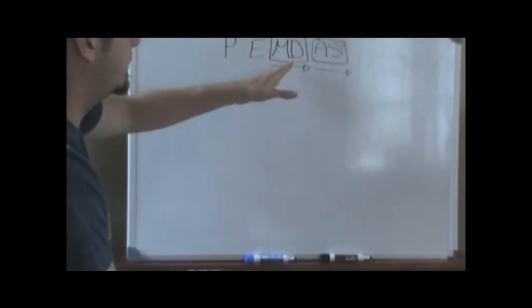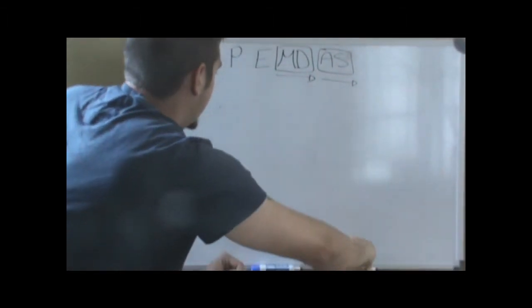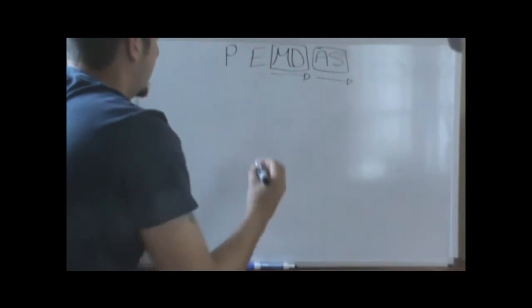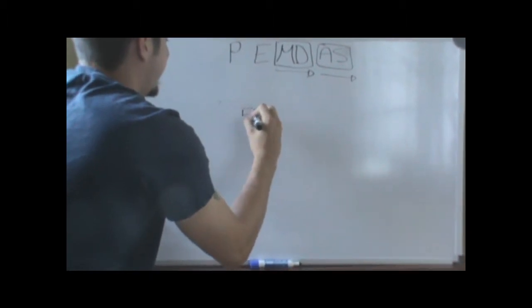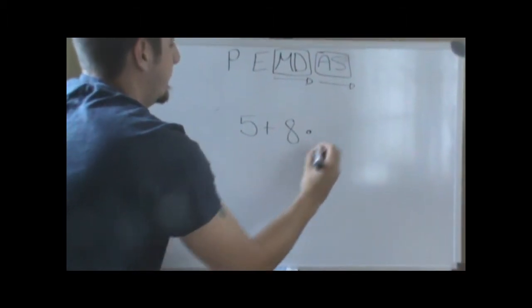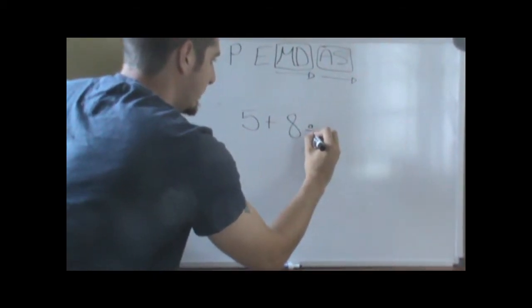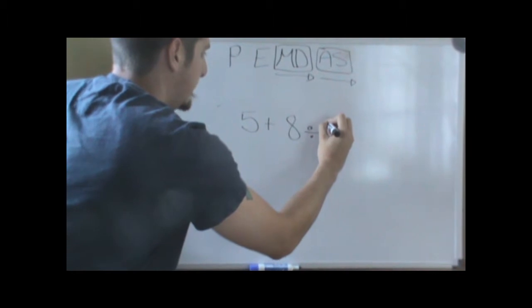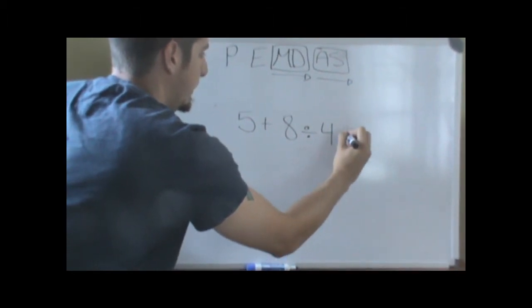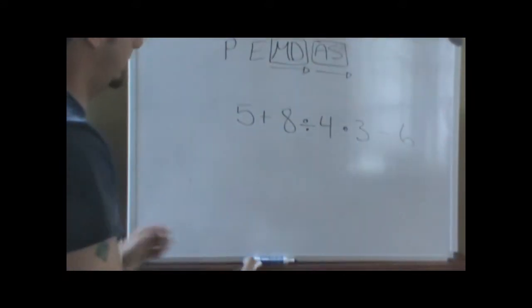To do something a little bit harder, we're going to throw some multiplication and division in there, as well as some adding and subtracting. So let's say we had something that looked like this: 5 plus 8 divided by 4 times 3 minus 6.